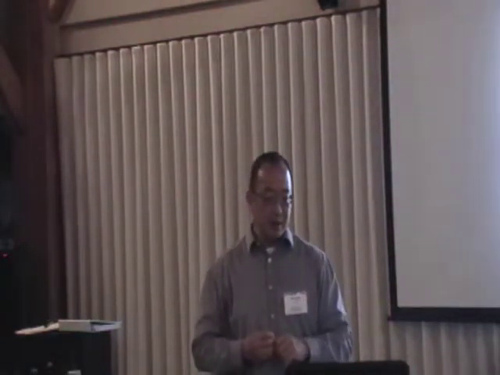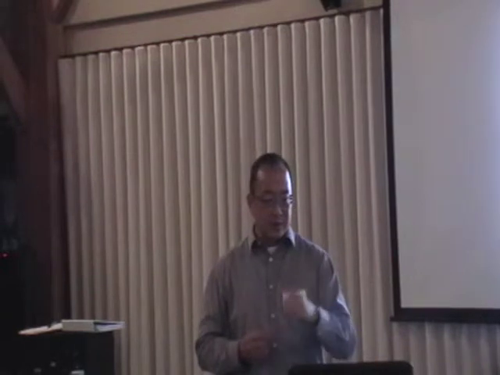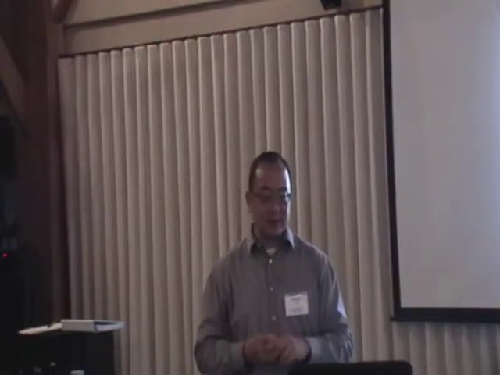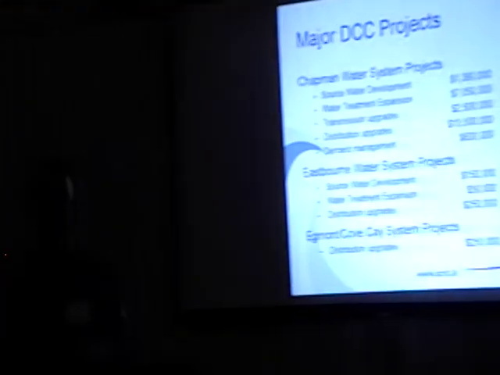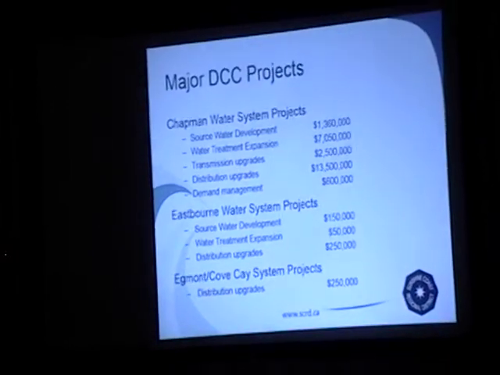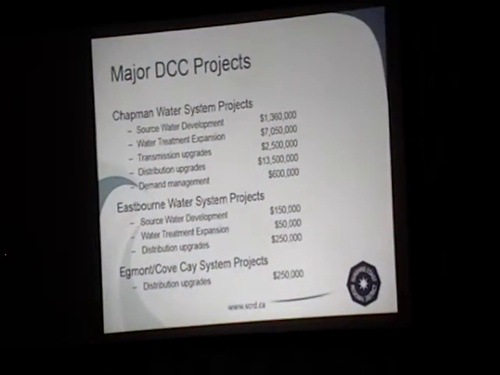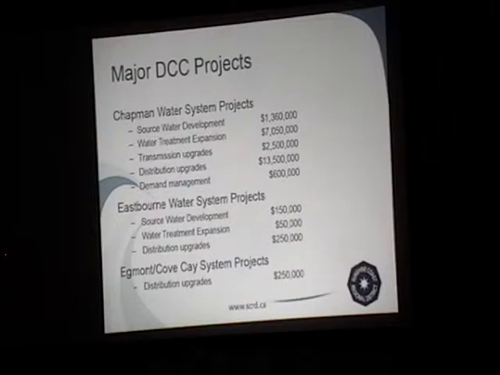And on the Eastbourne side, they need to develop additional water capacity there, so it includes source development, expansion of the treatment plant to supply that additional water, and distribution upgrades for both Eastbourne and Cove K. The big want is to improve fire flows.